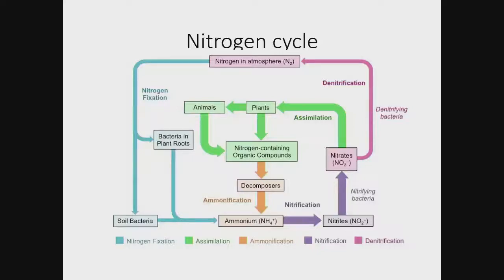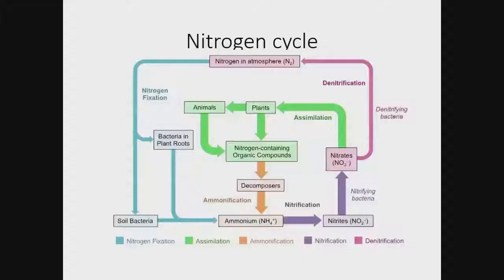When these plants are still young, they can be eaten by an animal. When the animal eats the plant part, it obtains nitrogen-containing organic compounds, because it gets protein from that plant, and the protein contains nitrogen.